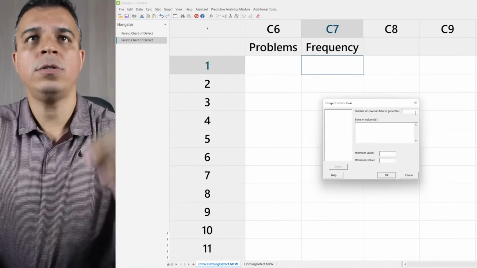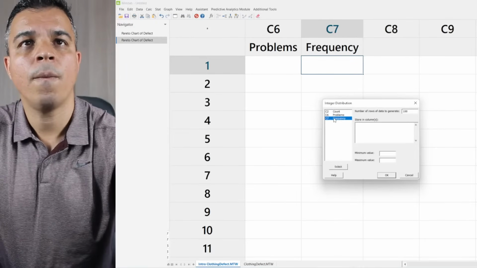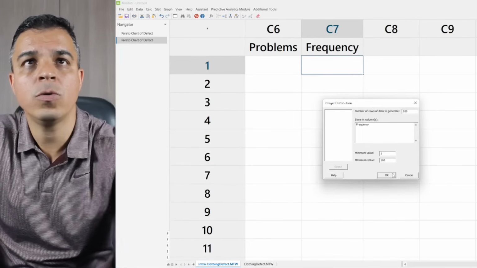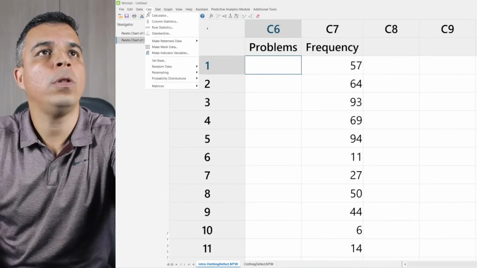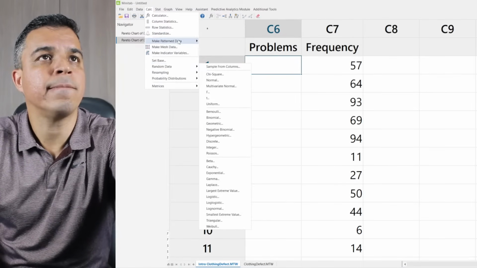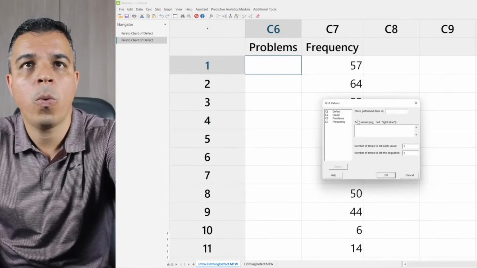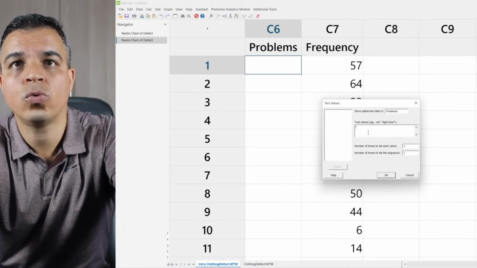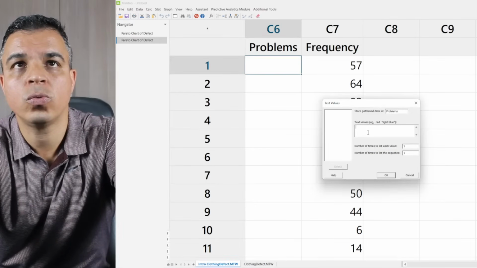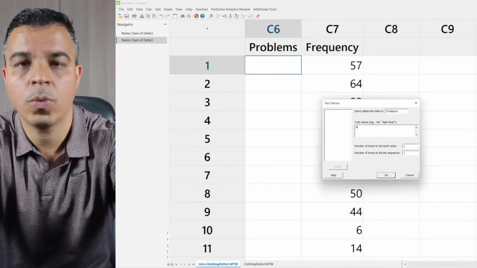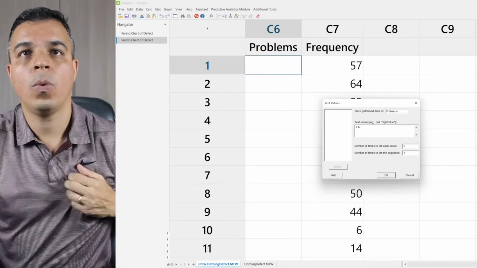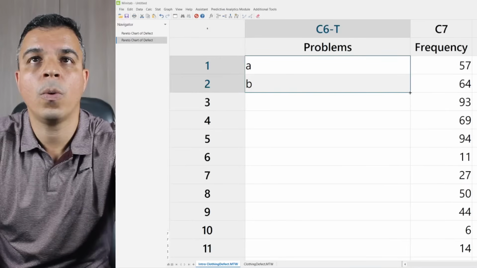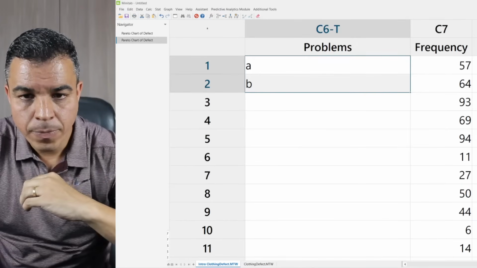Integer. Let me see. And then problems. Wait a second.